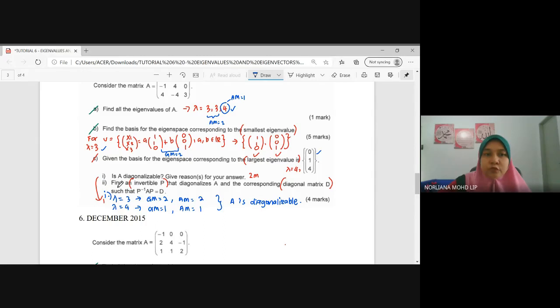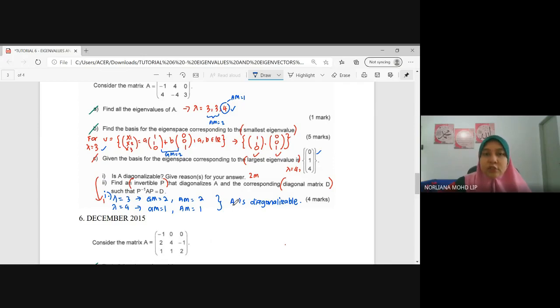Okay, and then number 2, find an invertible P that diagonalizes A and the corresponding diagonal matrix D such that P inverse times A times P equal to D. So first find the invertible matrix P. I've mentioned before the matrix P is the combination of eigenspace for all eigenvalues kan.